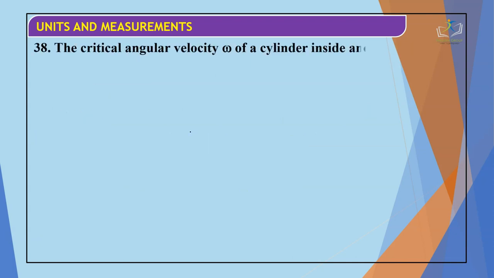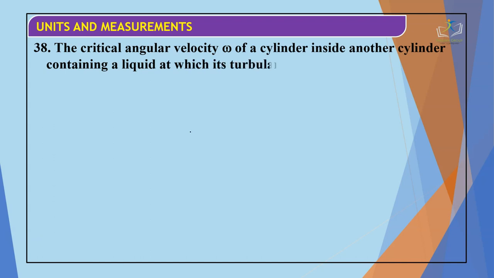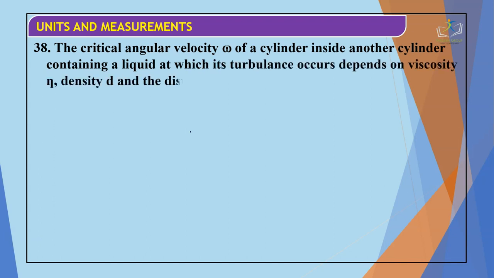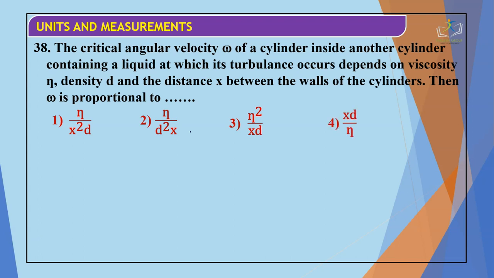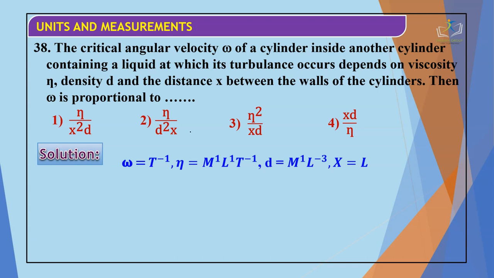Question 38 says, the critical angular velocity omega of a cylinder inside another cylinder containing a liquid, at which turbulence occurs, depends on viscosity eta, density D, and distance x between the walls of the cylinders. Then omega is proportional to eta by x square D, eta by D square x, eta squared by xD, or xD by eta. So the student solution: omega is equal to T to the power minus 1.